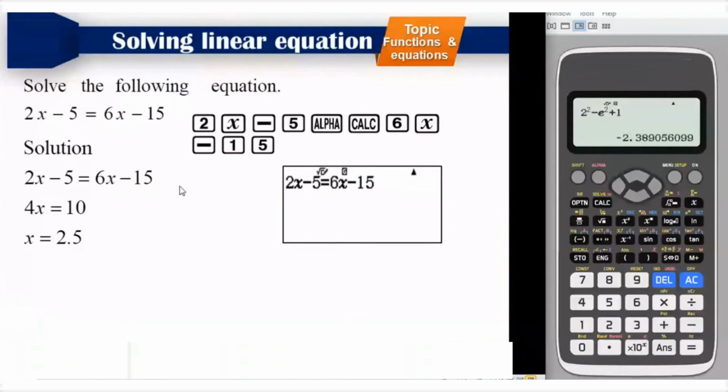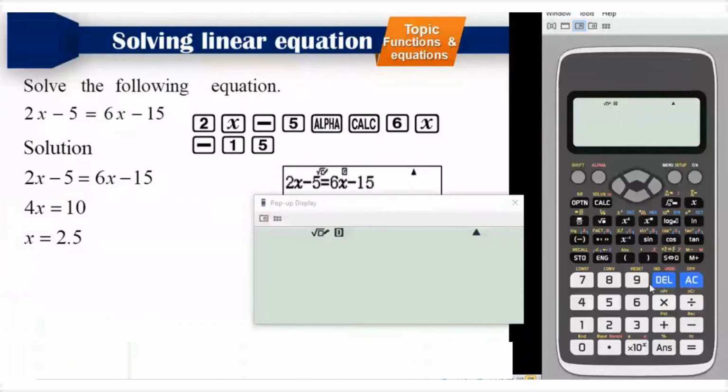So now we are in a position that we can apply it. 2x minus 5, alpha calculate, so that we have the whole equation on the screen, 6x minus 15.